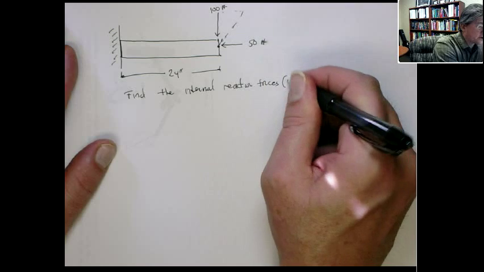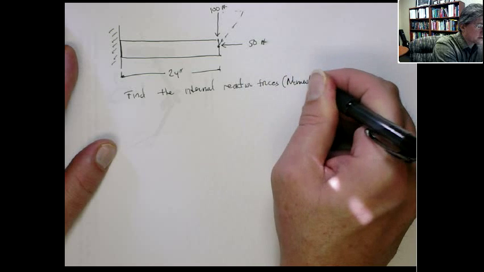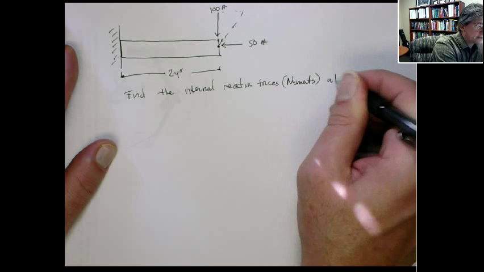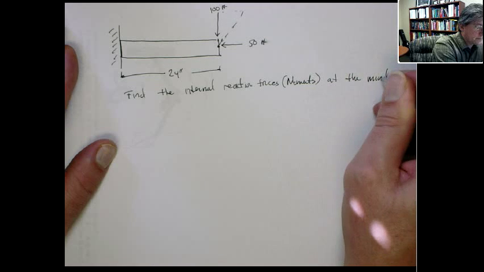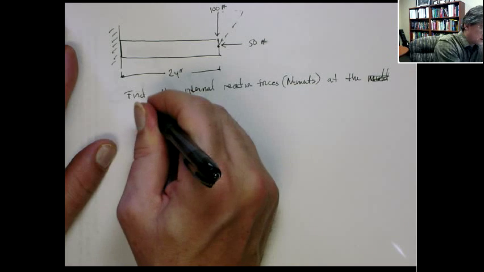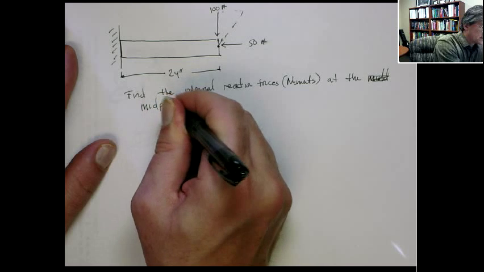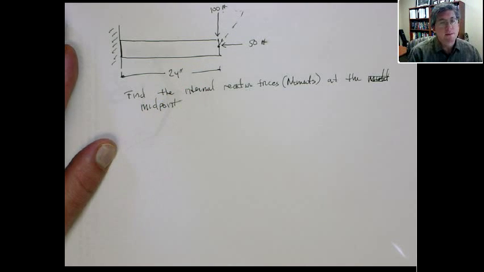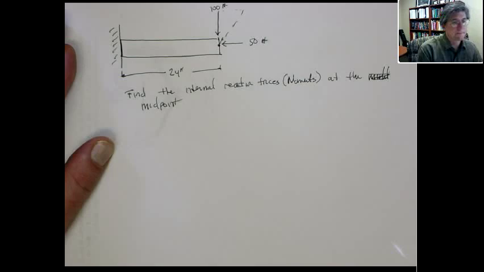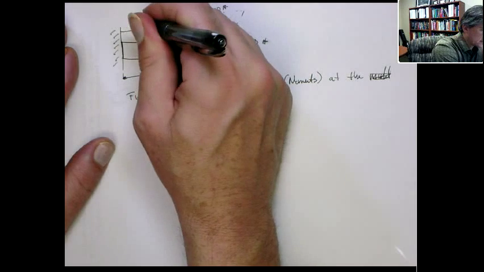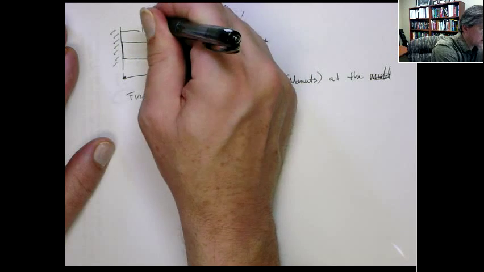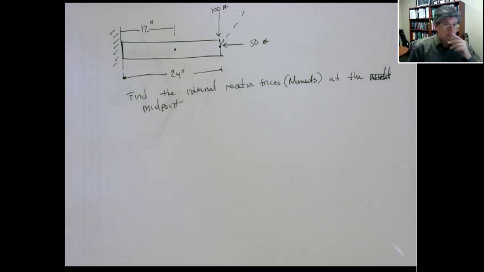When you say forces, you also mean moments, at the midpoint. So that's the point of interest. It could be any point. The midpoint in this case is going to be right here, that's 12 inches.